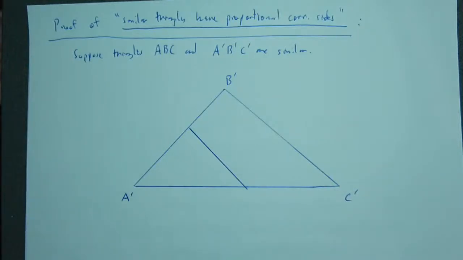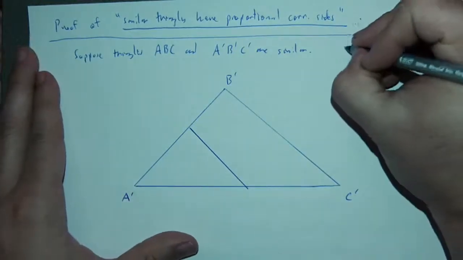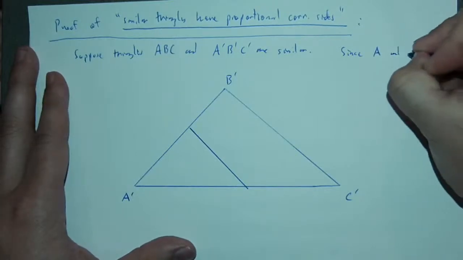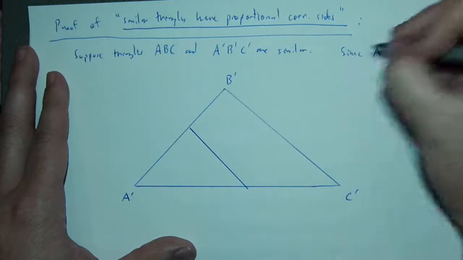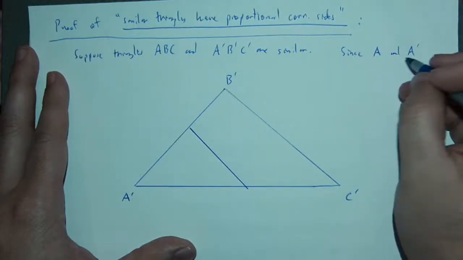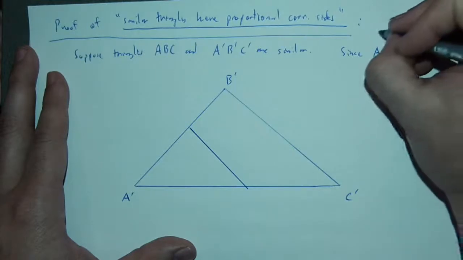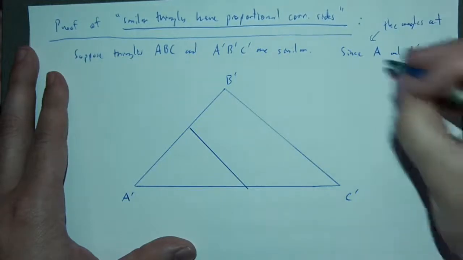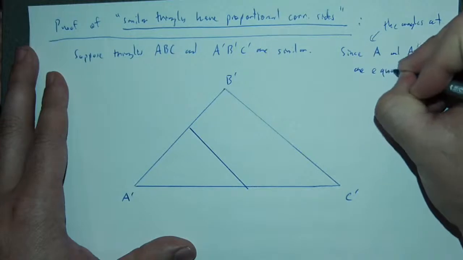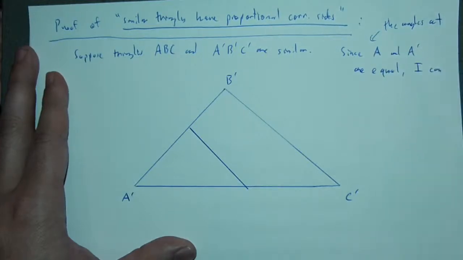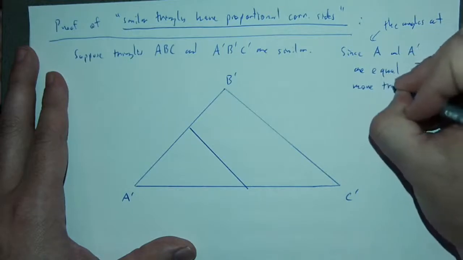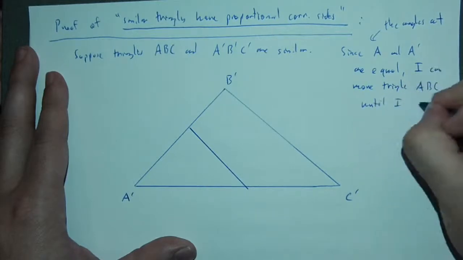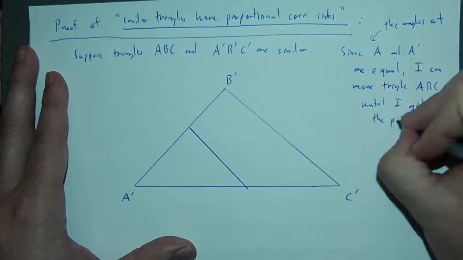Now, since these are similar, since the angles at A and A prime are equal, I can move triangle ABC until I get the picture to the left.